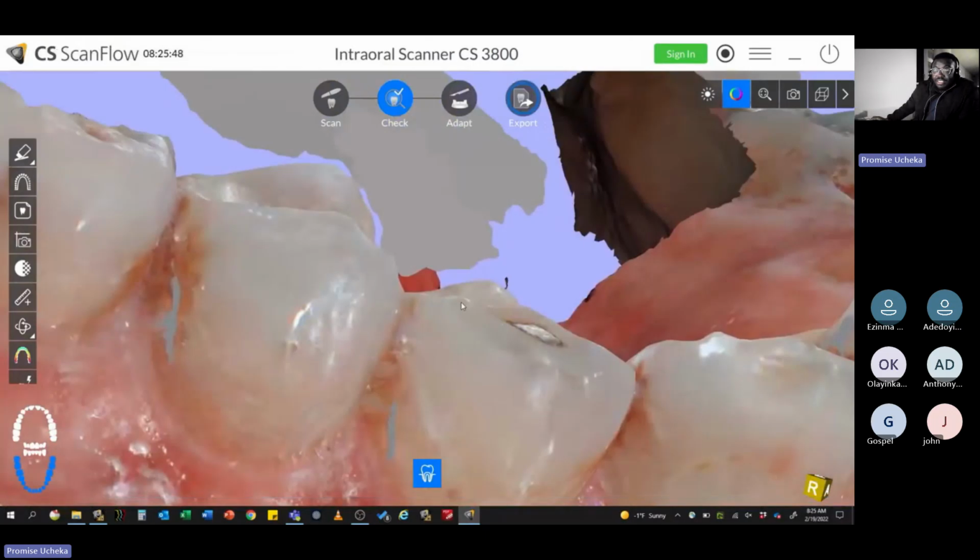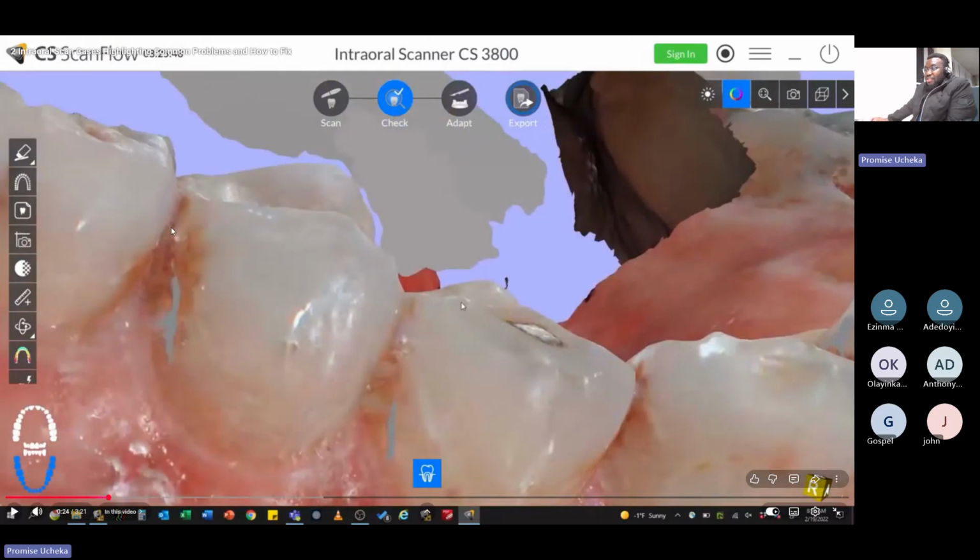Yes, please go on, Anthony. The image is almost overlapping on the tooth, and there is a foreign image in the interproximal spaces which will need to be removed. Okay. Anyone else? So you say there is a problem with the interproximal spaces. Is this a problem, or is this what is inside the person's mouth?